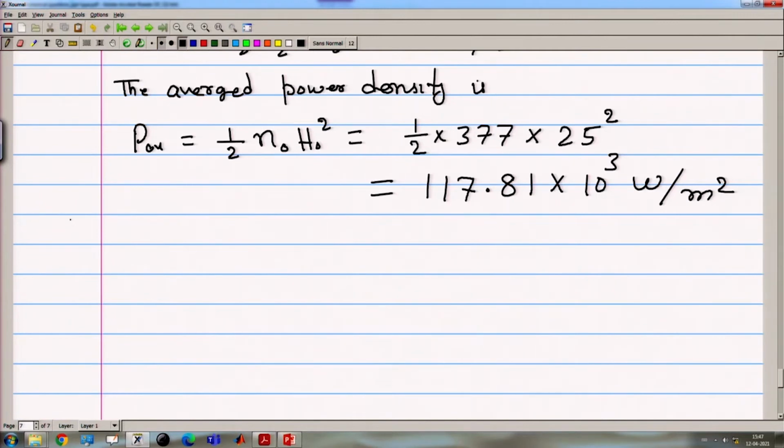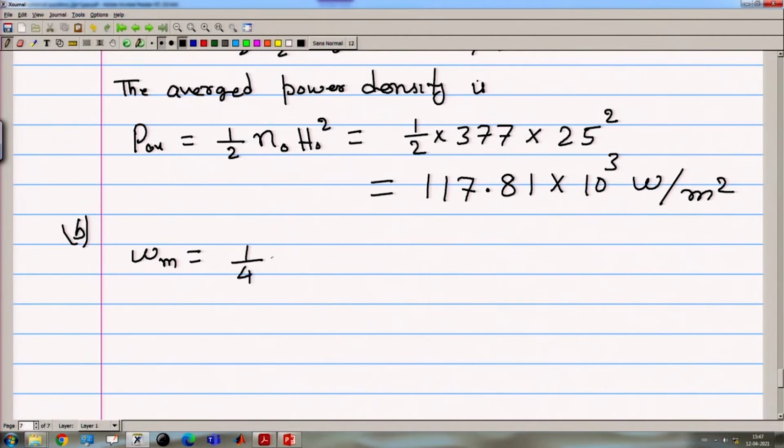In the next part, find the stored electric and magnetic energy density separately. So, in the B part, W_m is defined as the time average stored magnetic energy, denoted by W_m for the magnetic.